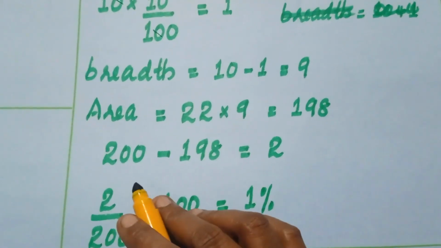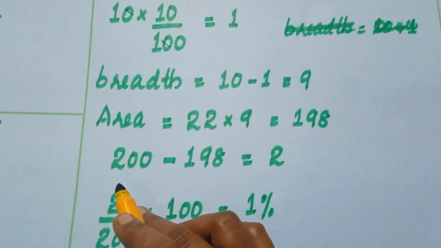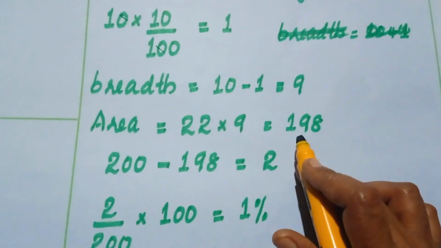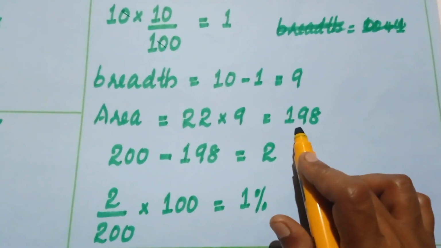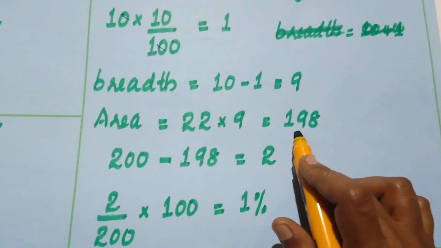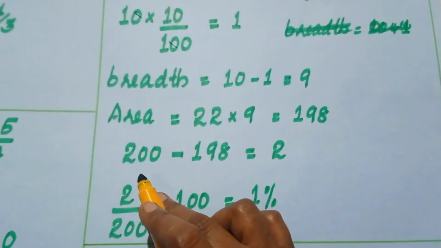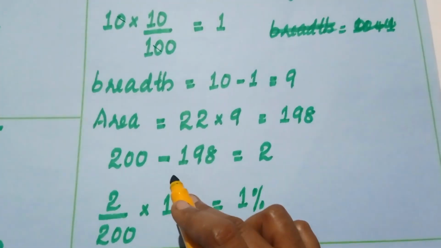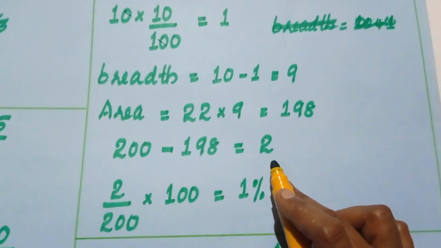Then find out the difference in area. The original area is 200 square centimeter. Here the new area is 198. Then subtracting the new area from the original area, we get the difference in area. That is 200 minus 198 is equal to 2.